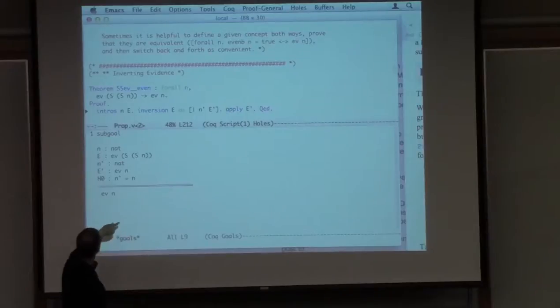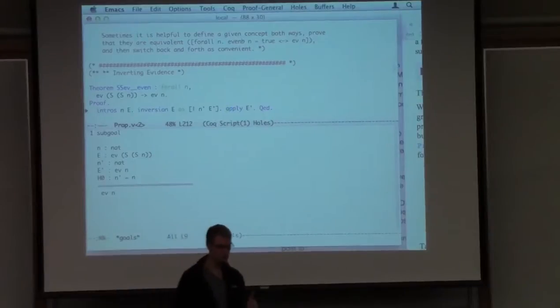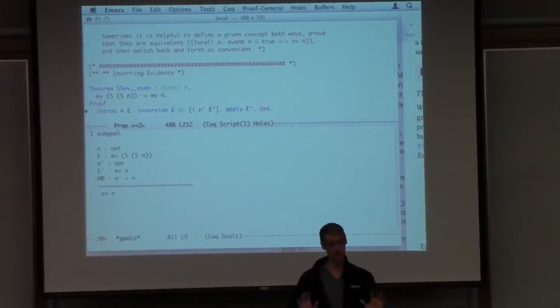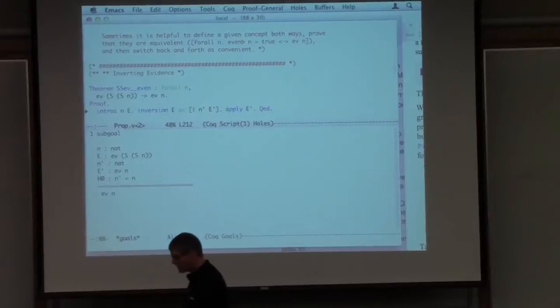It just says that n must have been even. Actually, I'll show you another trick right now. Inversion is a very powerful tactic. It's useful in many situations, but it has one drawback, which is it tends to generate a big pile of equalities that you don't really understand.